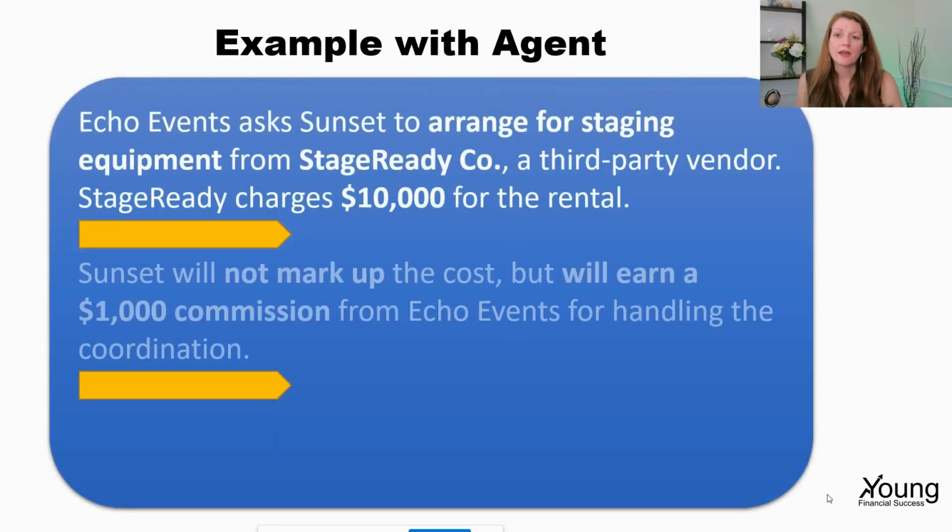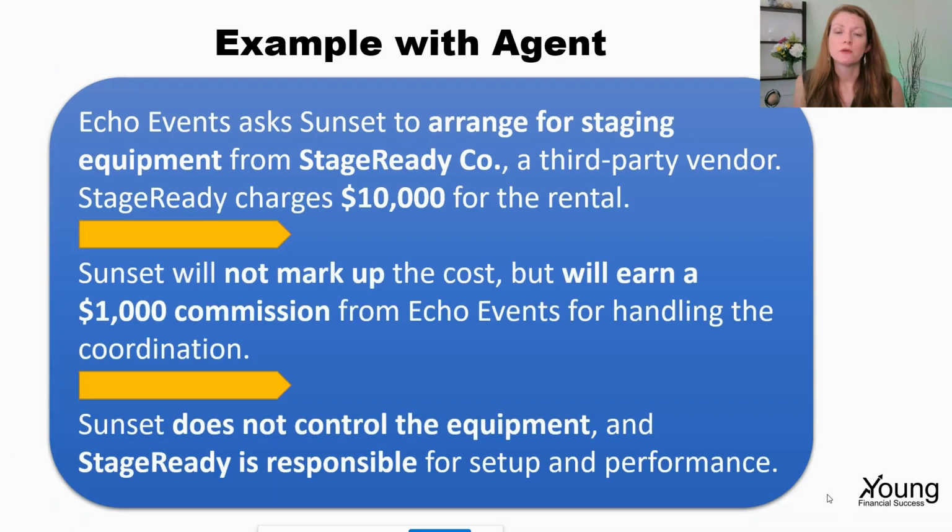All right, so Echo Events asked Sunset to arrange the staging equipment from Stage Ready Company, the third-party vendor. Stage Ready charges $10,000 for the rental. Sunset will not mark up the cost, but will earn a $1,000 commission from Echo Events for handling this coordination. Sunset never takes control of the equipment, and Stage Ready is responsible for setup and performance.